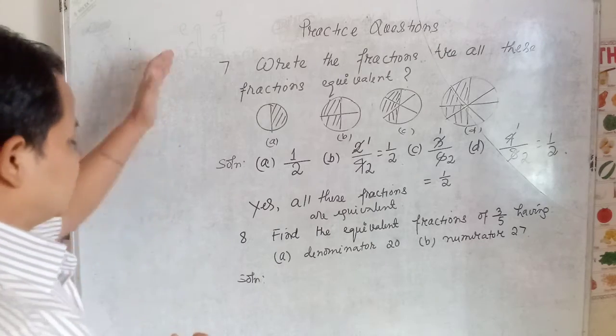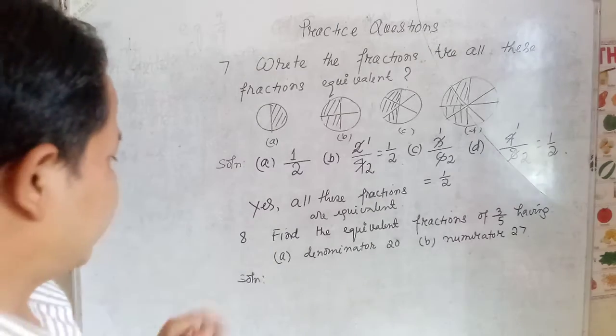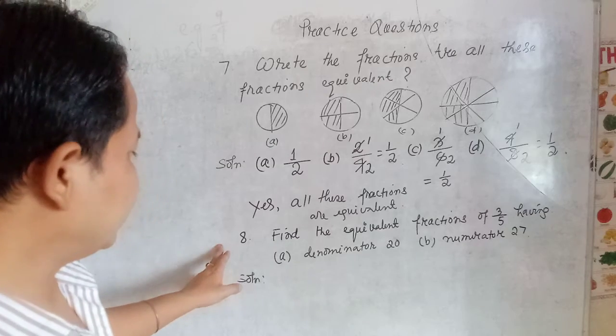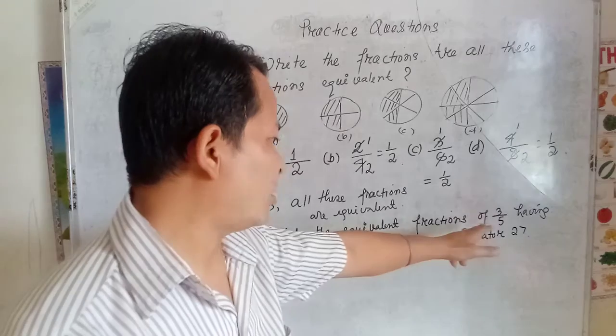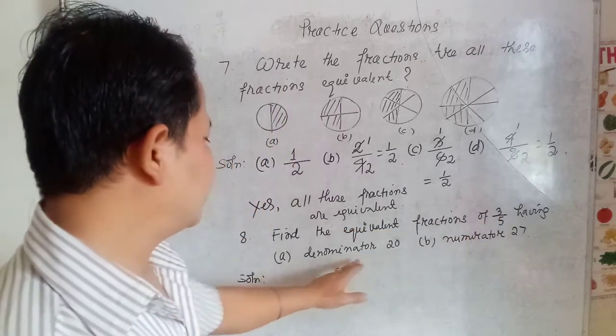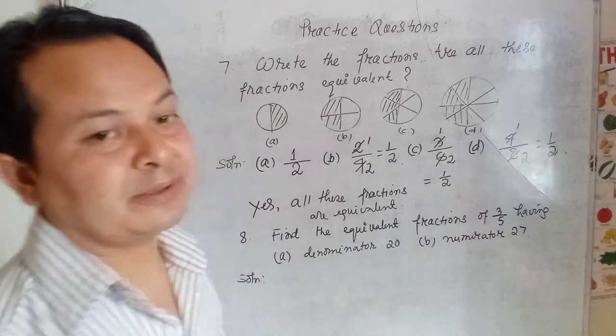So now let us move to the next question, number 8. The question says, find the equivalent fractions of 3/5 having denominator 20 and numerator 27.